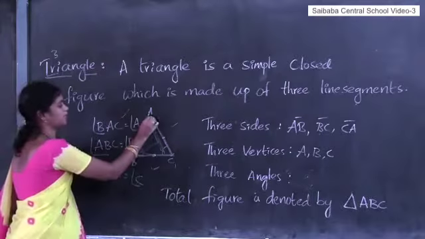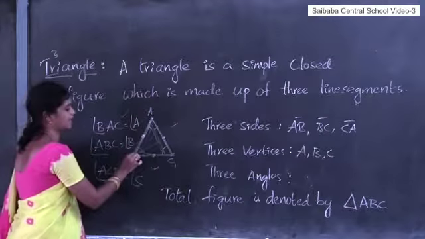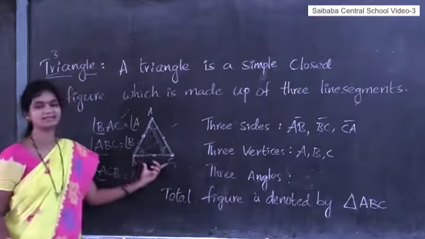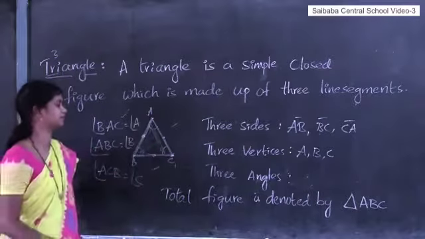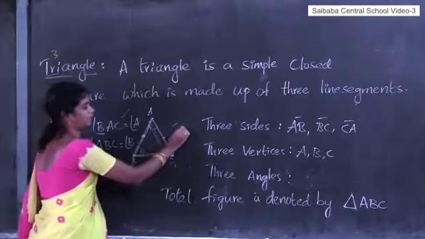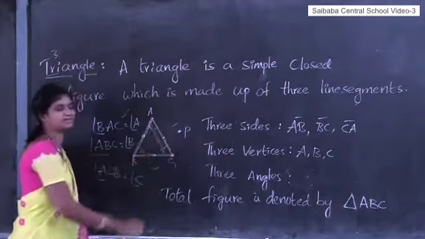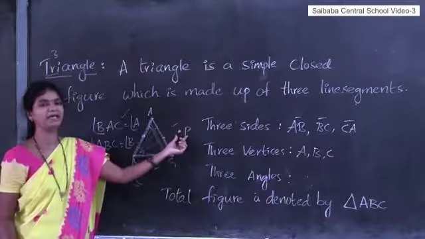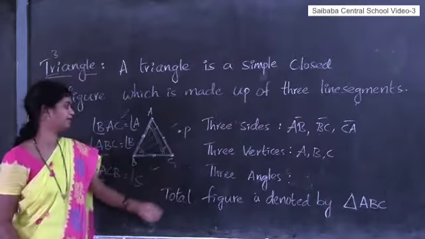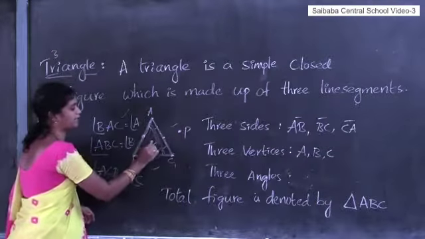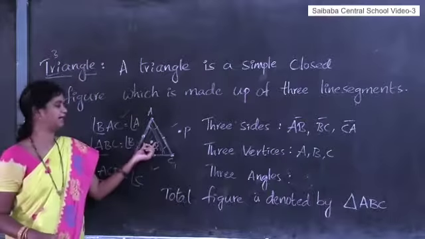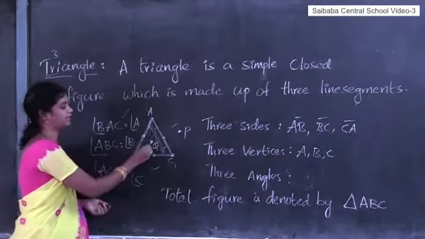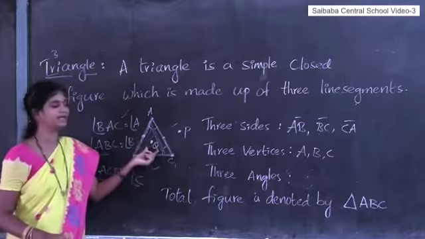So here we can say these vertices A, B, C are boundary points also. If you consider a point P, it lies exterior of the triangle, so we will call P an exterior point. And if you take a point Q inside the triangle, we will call it an interior point of the triangle ABC.